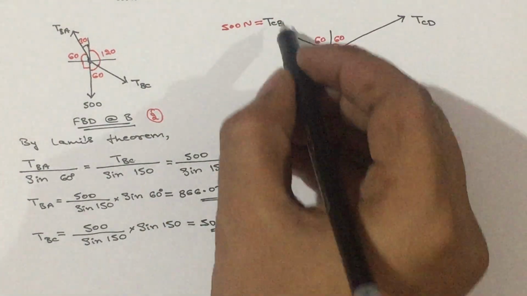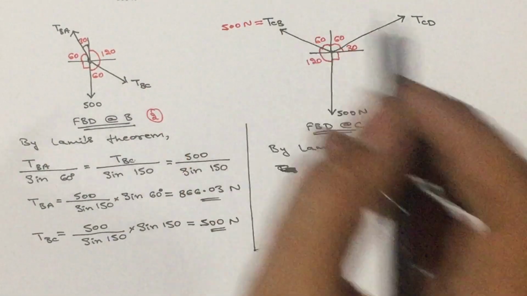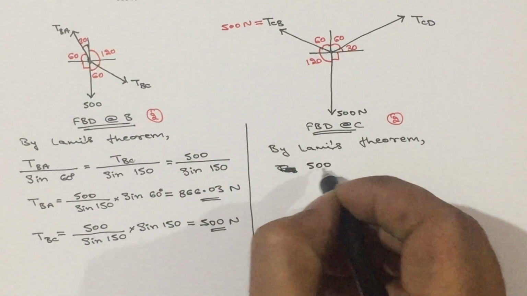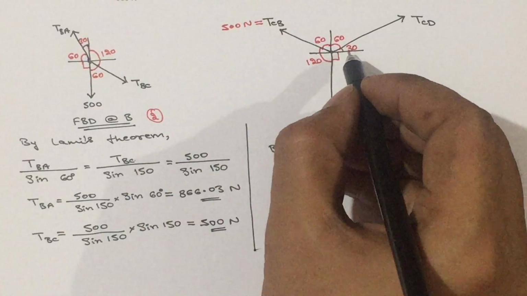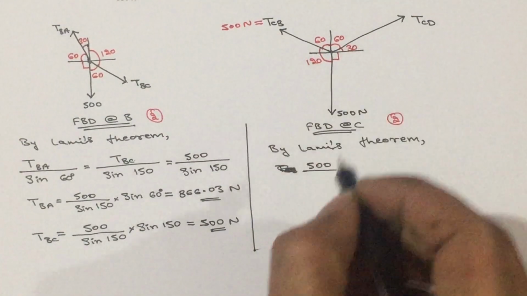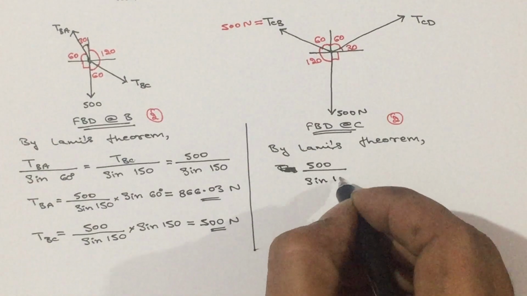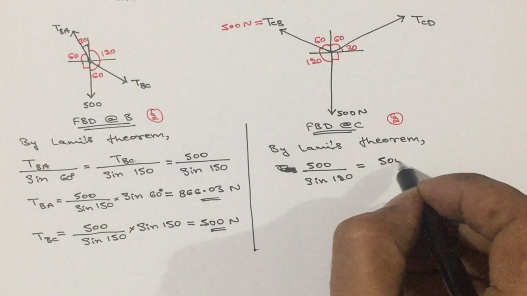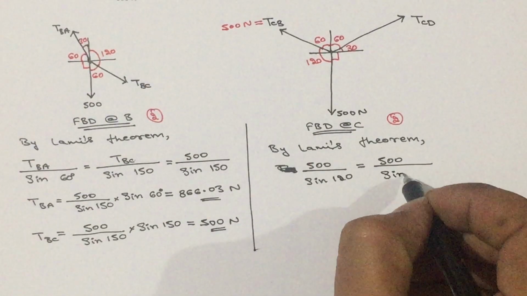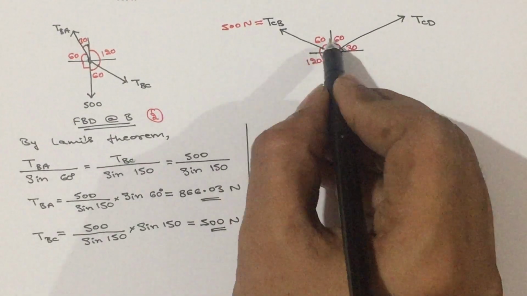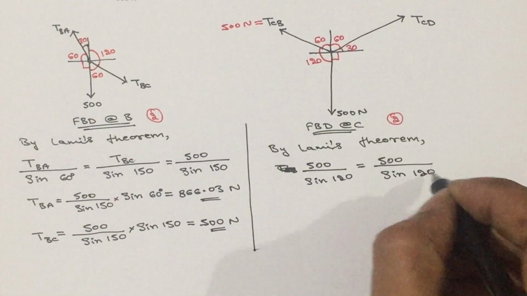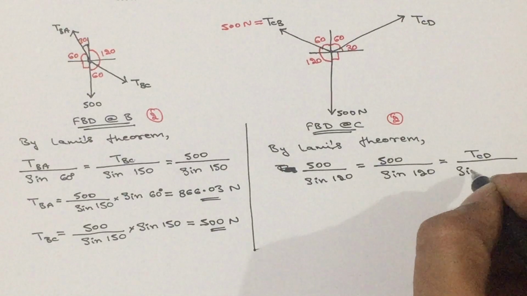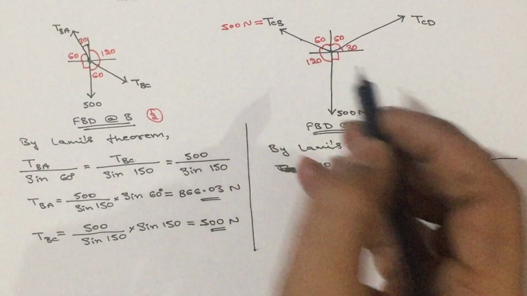Then we can write 500, that is TCB, divided by sine of the angle between the other two forces, 90 plus 30, that will be sine of 120, that is equal to the next force, 500 divided by sine of the angle between the other two forces, these two, angle between them is 120, equal to TCD divided by sine of the angle between the other two forces, which is 120.